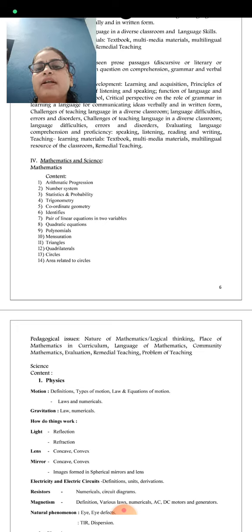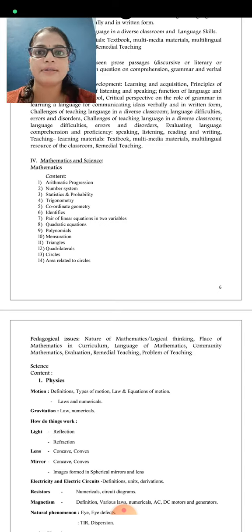In the quadrilateral we have to learn the square, parallelogram, rectangle, rhombus, kite, trapezium. We have to learn these figures in the quadrilateral, and we have to learn the construction, area and perimeter, and we have some theorems in this chapter.